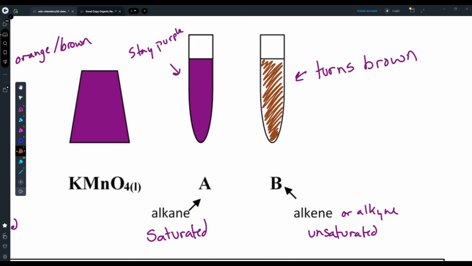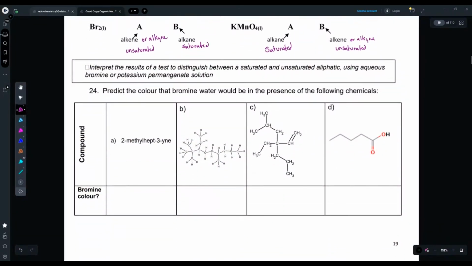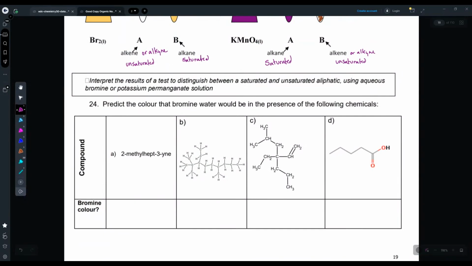There we go. Below here is a question that you can give a shot: predict what color bromine will be after being mixed with each of these compounds.